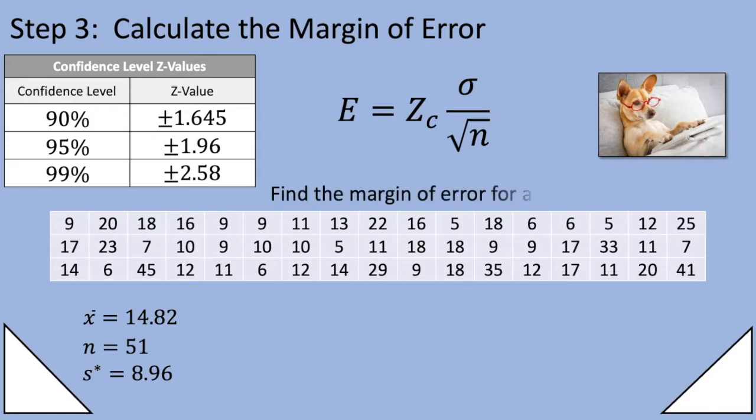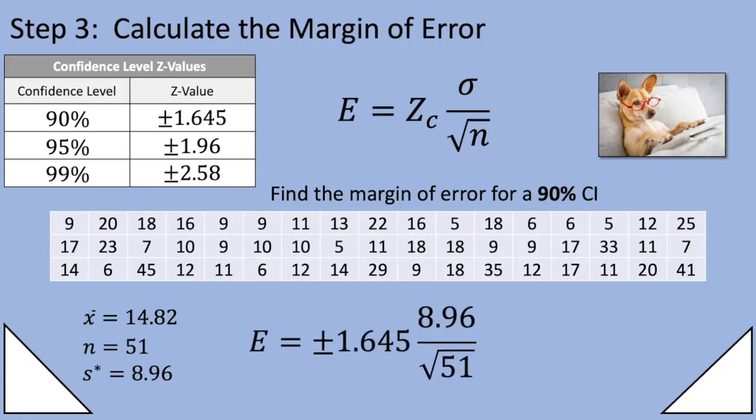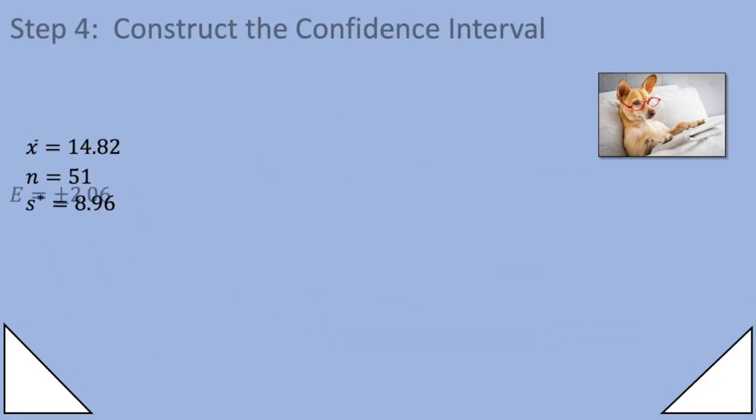So if we want to find the margin of error for a 90% confidence interval, we put that into our formula. E equals plus or minus 1.645 times 8.96 divided by the square root of 51. Now plug all that in and you get plus or minus 2.06.